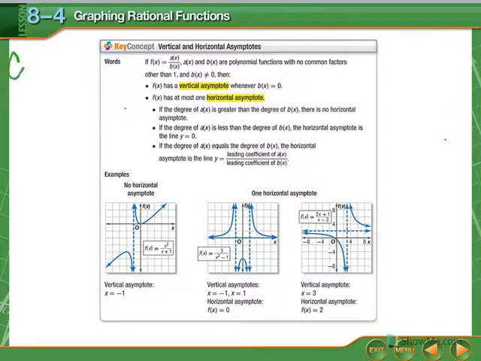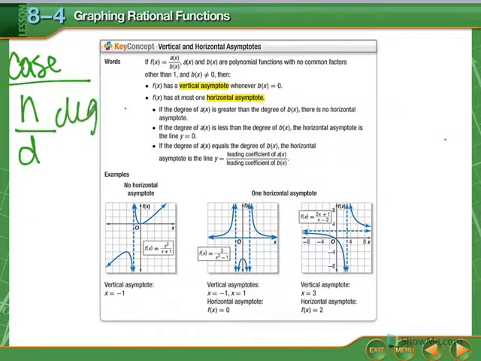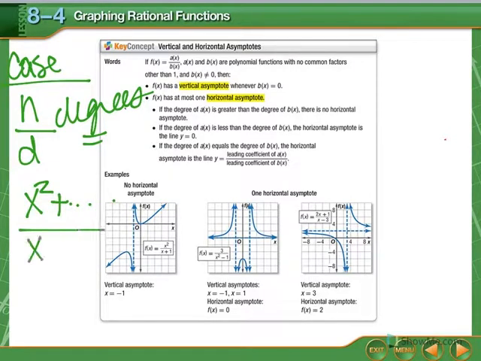Then we have case number 3. What if the degrees are equal to each other? So we have the numerator and denominator degrees equal. That would be like x squared on top plus blah blah blah divided by x squared on bottom plus blah blah blah. Say they have an 8x squared on top and a 2x squared on bottom.